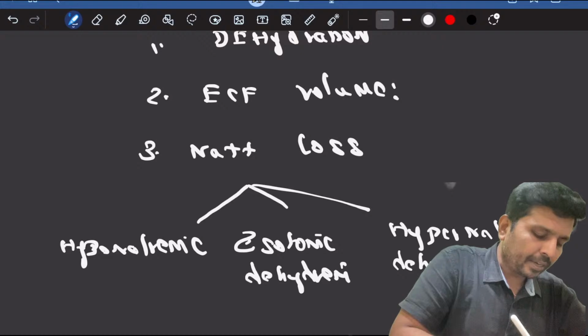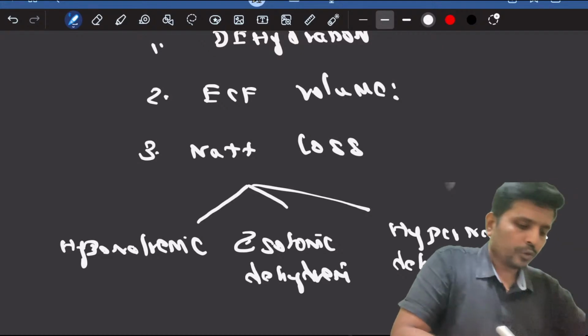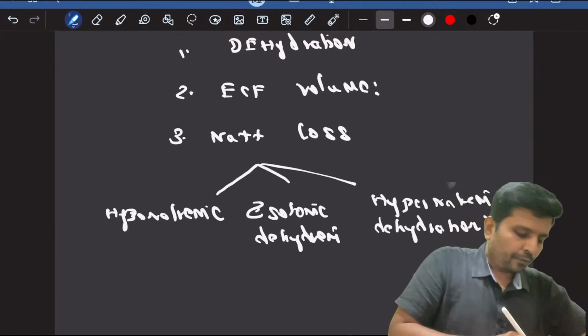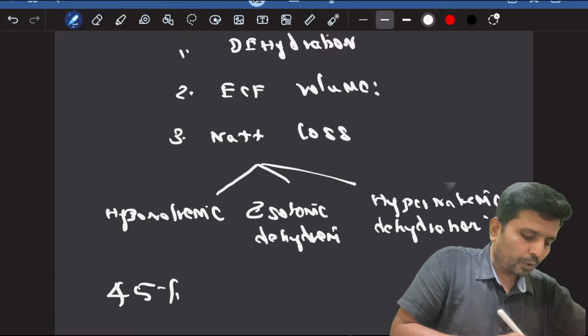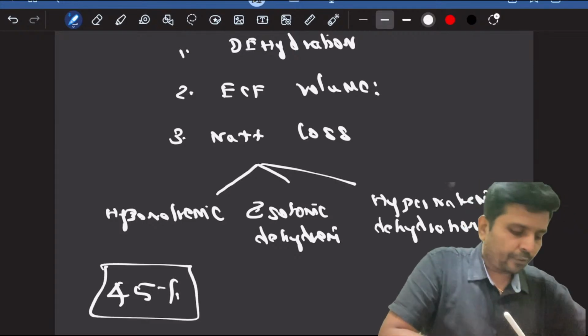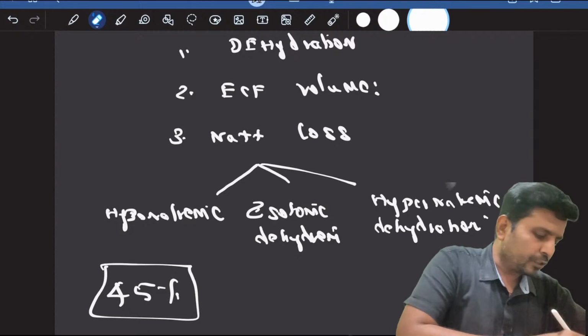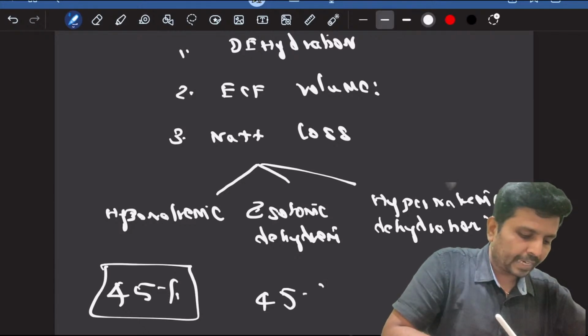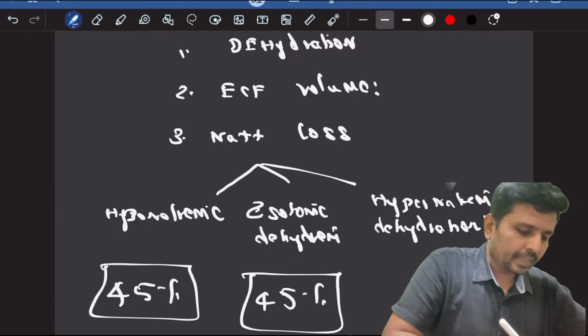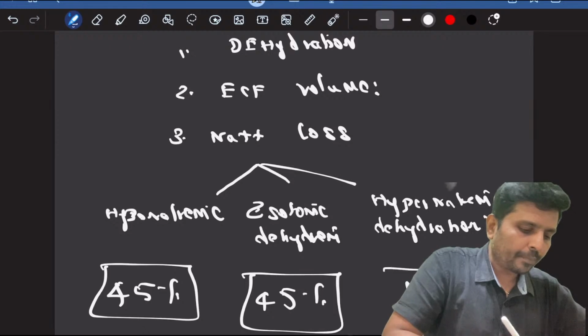What do you mean by that? Almost 45% is due to hyponatremic, another 45% is due to isonatremic, and another 10% is due to hypernatremic.